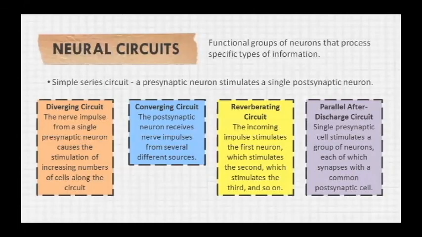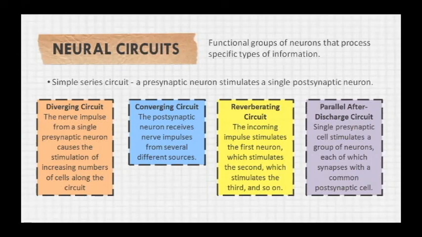So neural circuits are functional groups of neurons that process specific types of information. The simple series circuit is a presynaptic neuron that stimulates a single postsynaptic neuron. So there are four kinds of neural circuits. First is the diverging circuit, the converging circuit, the reverberating circuit, and the parallel after discharge circuit.